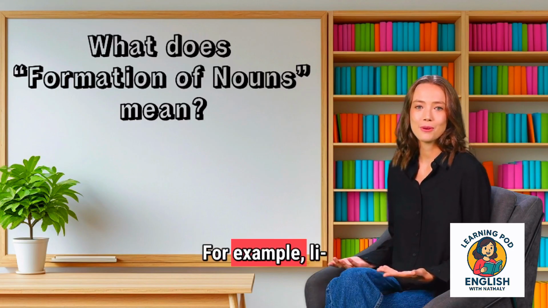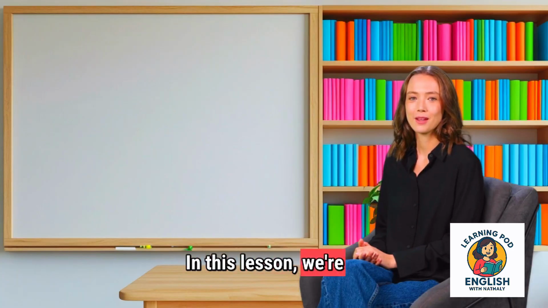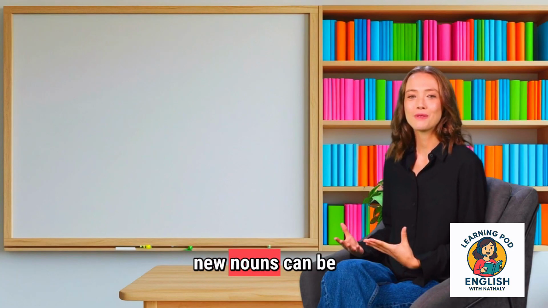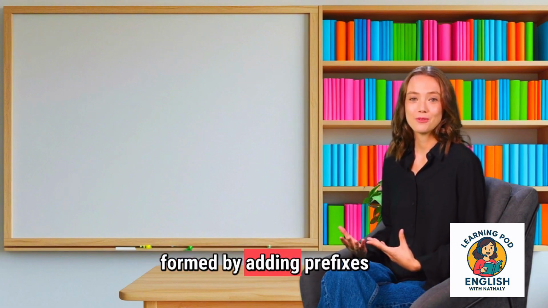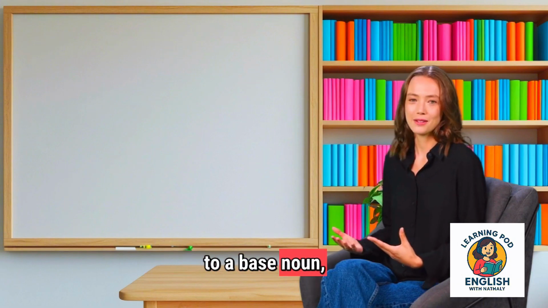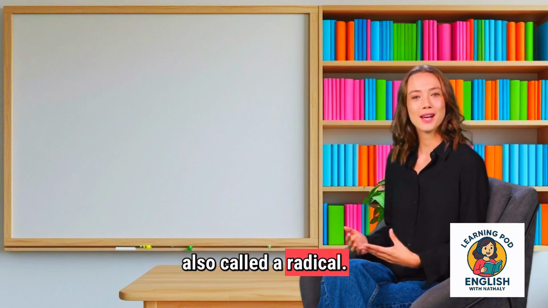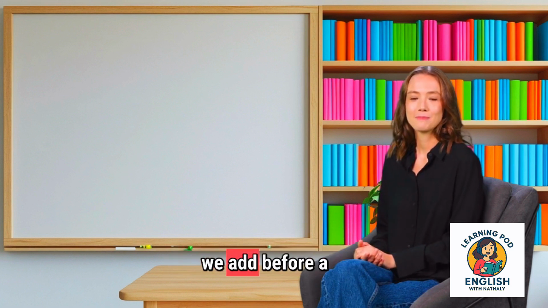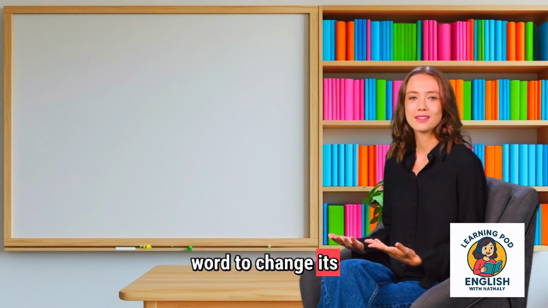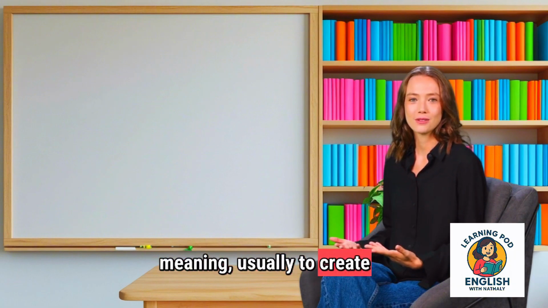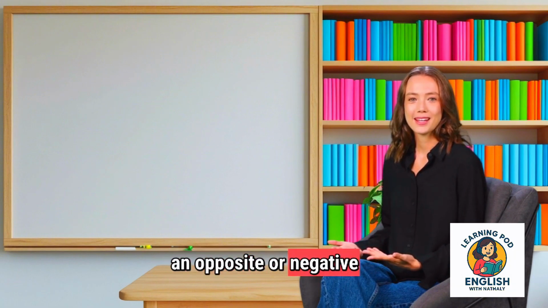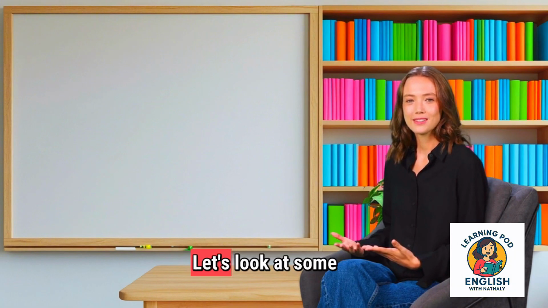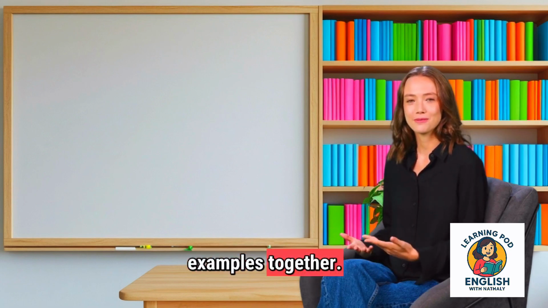For example, in this lesson, we're going to learn how new nouns can be formed by adding prefixes to a base noun, also called a radical. Prefixes are small parts we add before a word to change its meaning, usually to create an opposite or negative meaning. Let's look at some examples together.